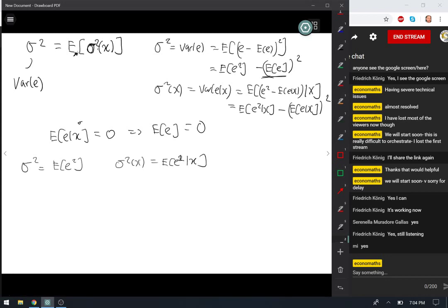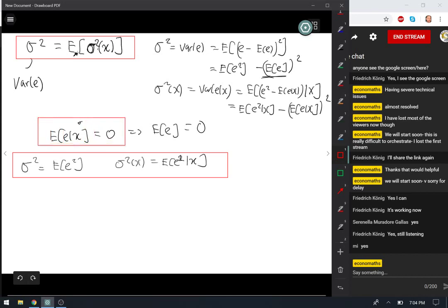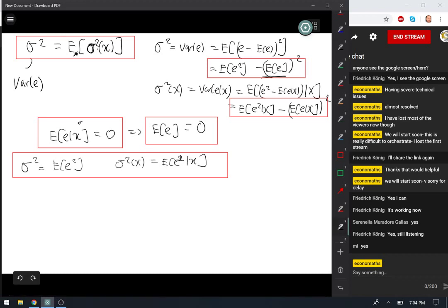Then we can show the result. We just use these two, which follow from the assumption we made, and use them to simplify these down. We plug them in and simplify. We take the average, with respect to x, of sigma squared x.